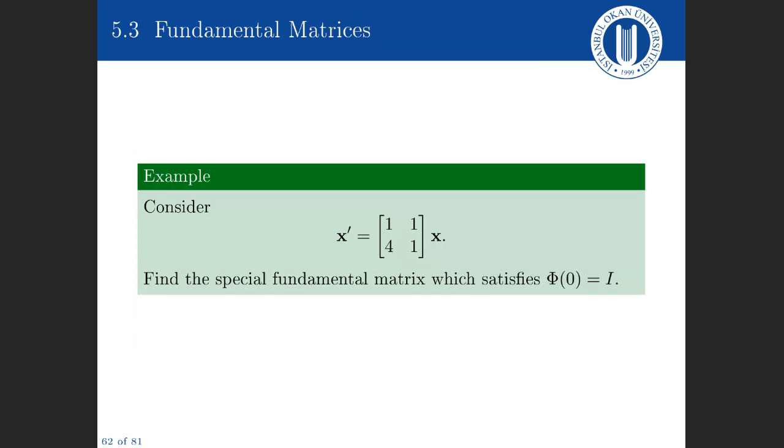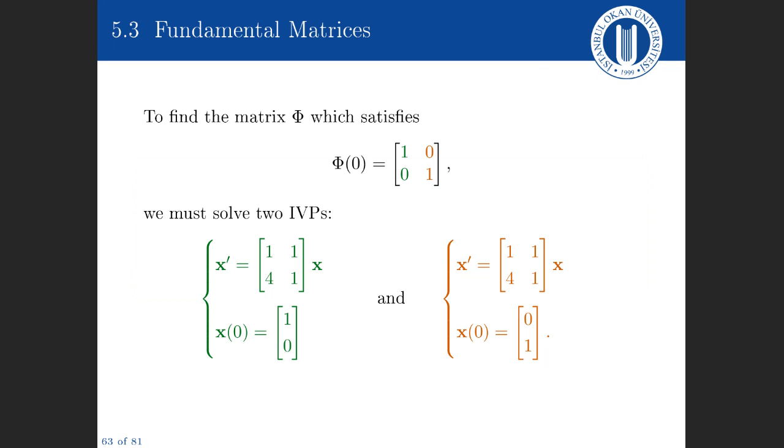Go back to this one. Consider x prime is equal to [[1,1],[4,1]]x. Find the special fundamental matrix which satisfies Phi of 0 is equal to the identity matrix. Now we need to satisfy two initial conditions.